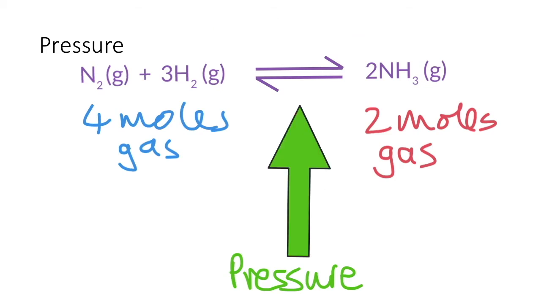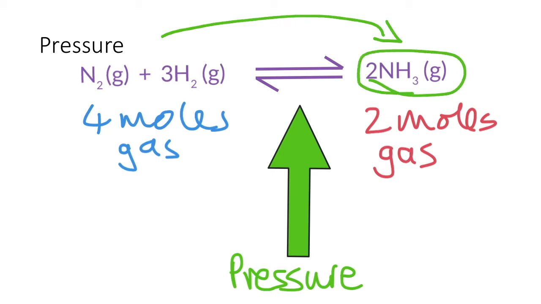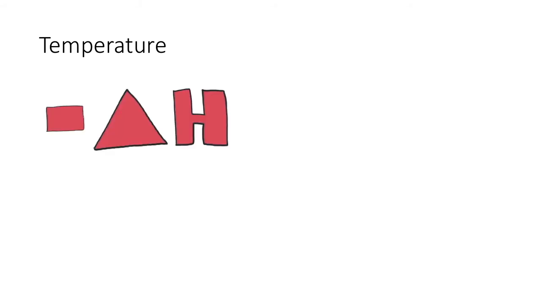So in terms of the Haber process, a high pressure will shift us to the product side to the right and will increase our yield of ammonia. In reality, high pressure equipment is very expensive, and so we settle for a medium pressure because a high pressure isn't cost effective.